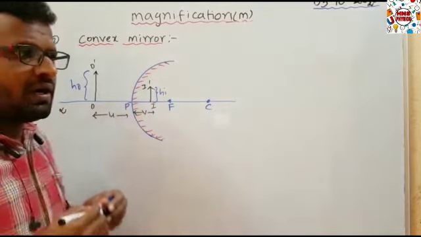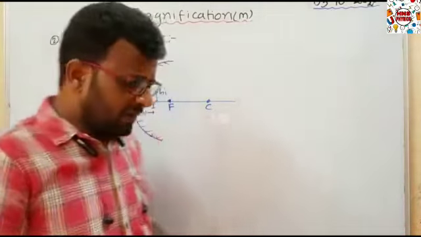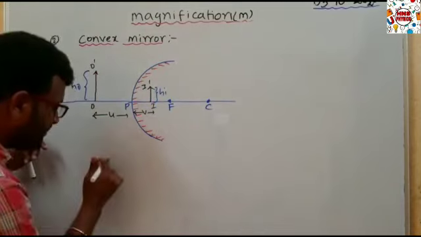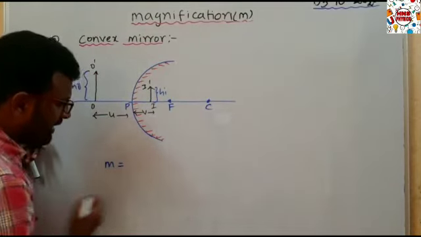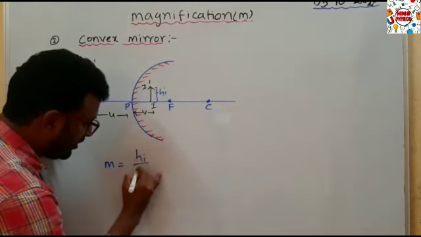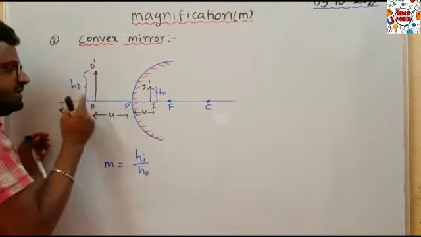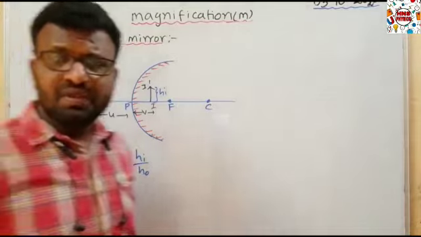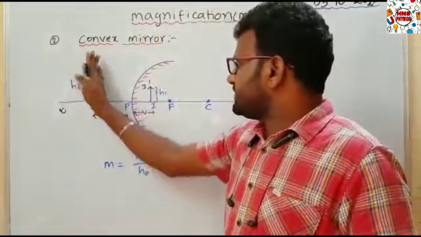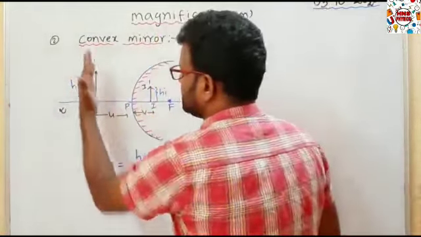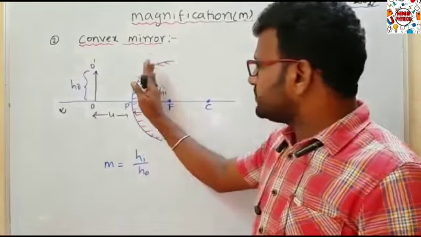According to the magnification definition, we can write the magnification formula. M is equal to the height of the image by the height of the object. Here the height of the object has a positive sign convention because it is above the principal axis, and the height of the image also has a positive sign convention.